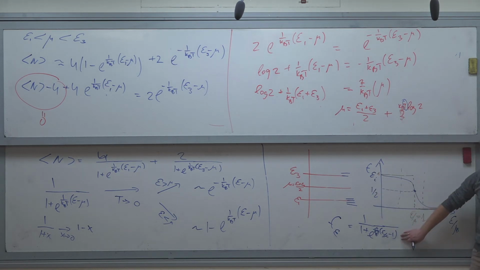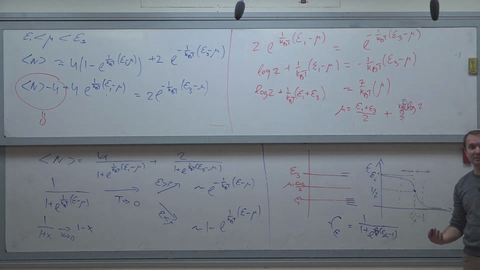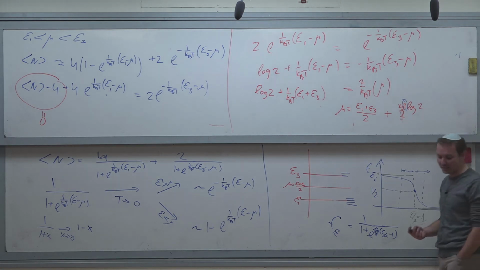Now, because of the form that we have over here, we have an exponential fast decay, or this function approaches 1 exponentially fast with energy, and it's exponentially approaching 0 on this side. This length over here, how fast I'm approaching either 1 or 0, is always given to us by what?